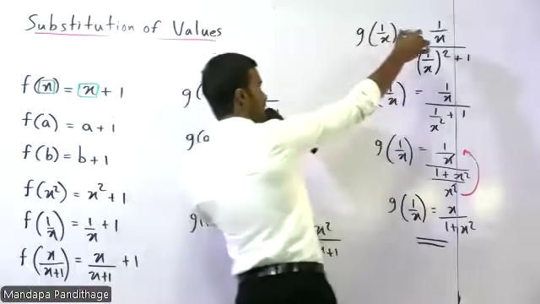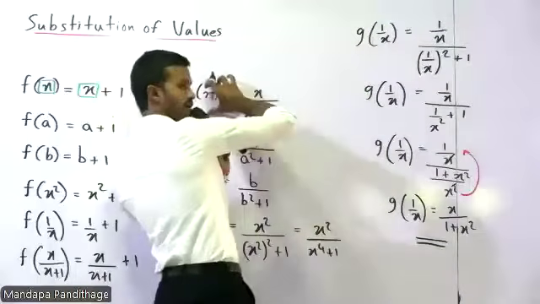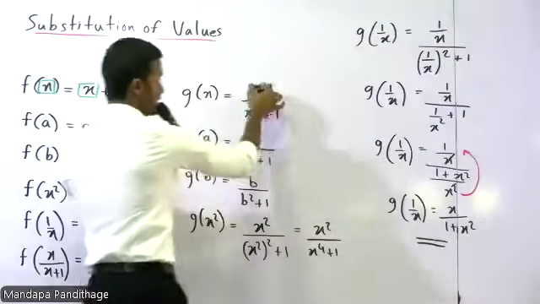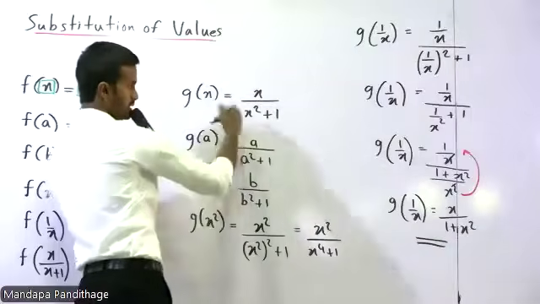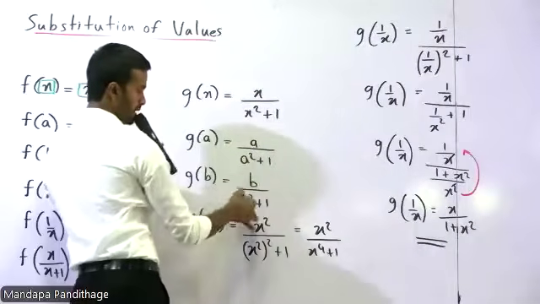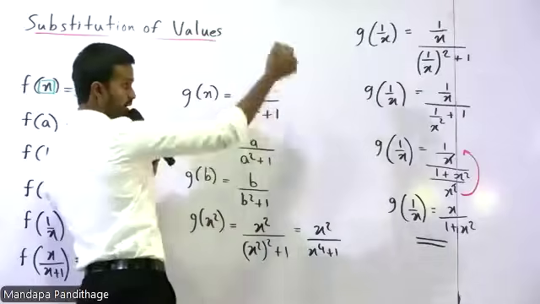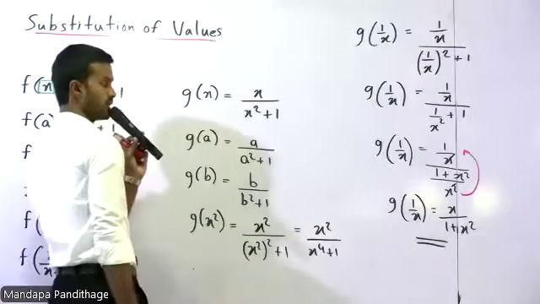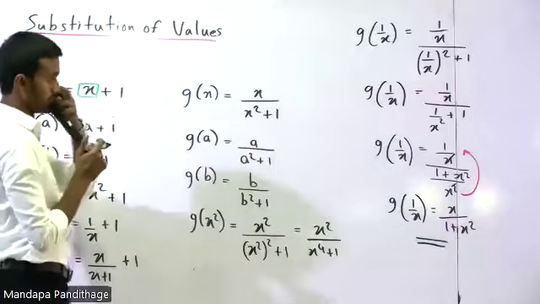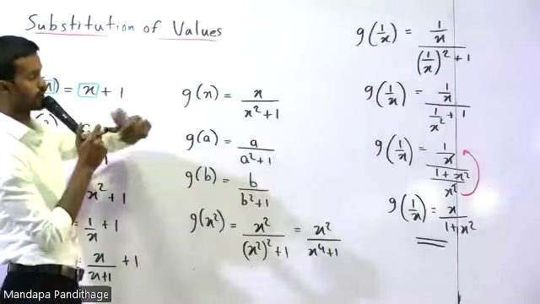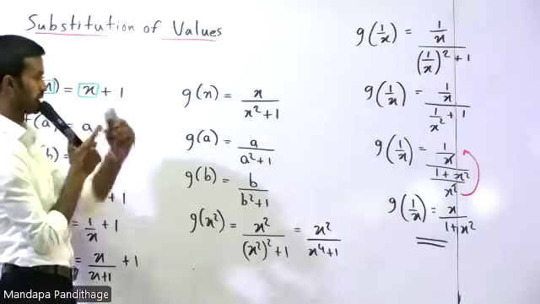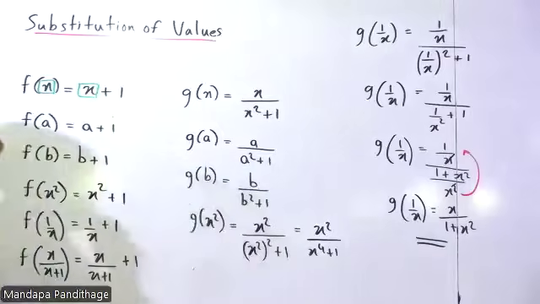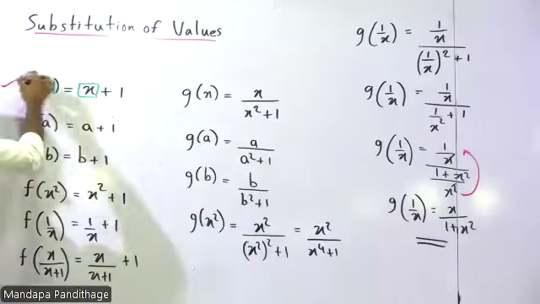So what I want you to understand is that when we replace the variable, every x should be replaced. Here it has been replaced by b, by x squared, by 1 over x. Clear? We will be using this for the last part of functions that we will be doing. You need to have a clear understanding of how to replace a variable in a function.